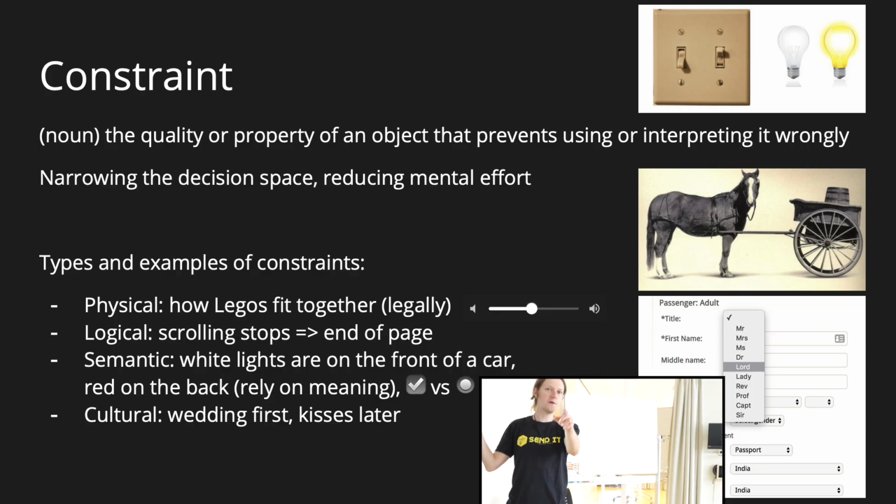If I look at these switches on the wall, I have no idea which switch operates which lamp in the room, because they're not replicating the shape of the room in any way. But these switches tell us this lamp or that lamp. And then there is the semantic constraint of down is off and up is on.